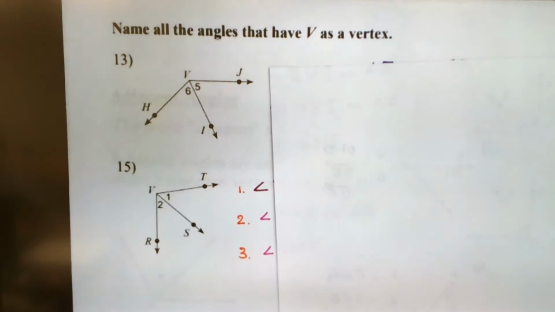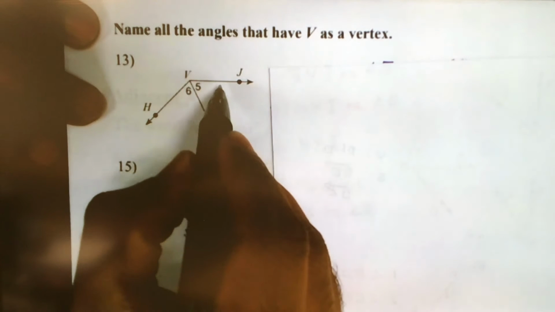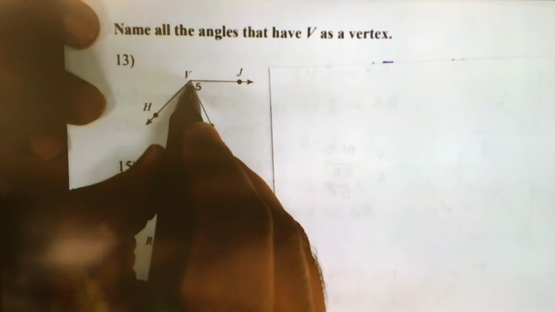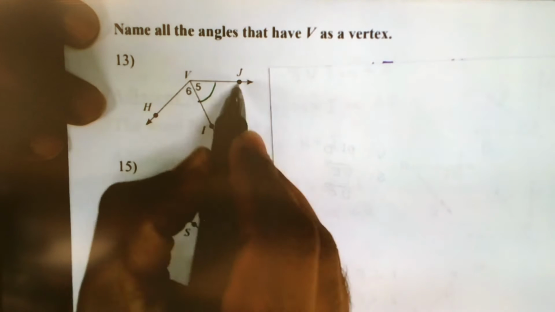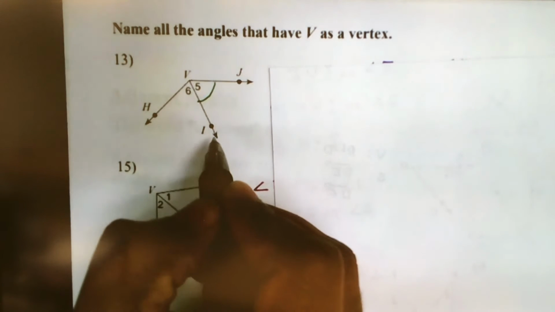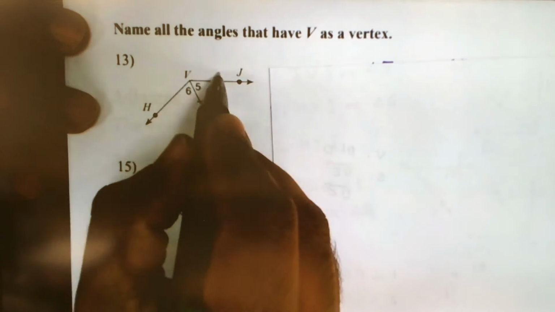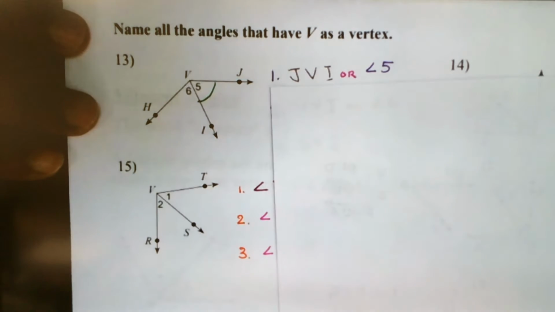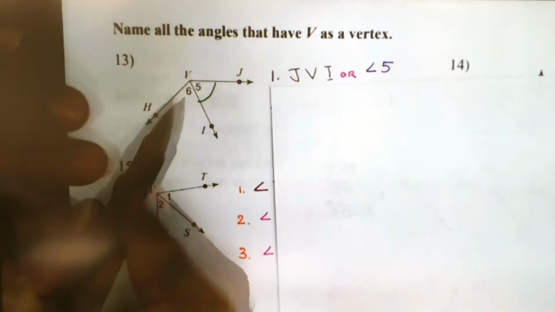The first small angle, I can say, is angle JVI. So this is one angle, angle JVI, or I can say angle 5, or I can say angle IVJ. So that's the first angle. The second angle is this one.